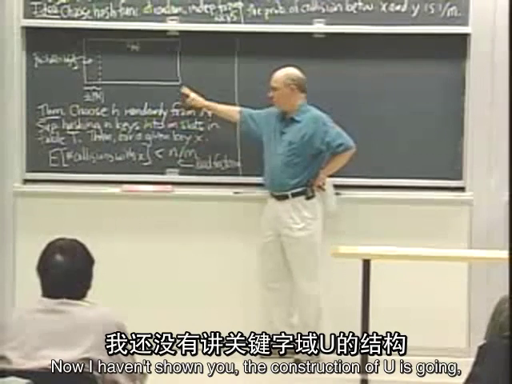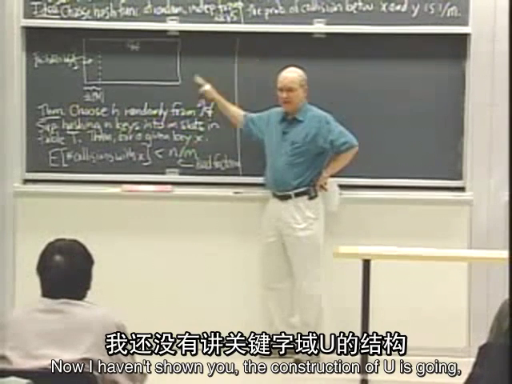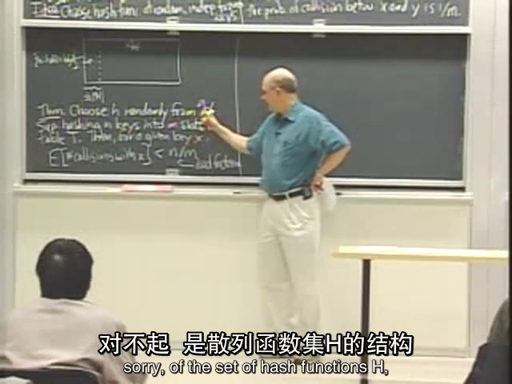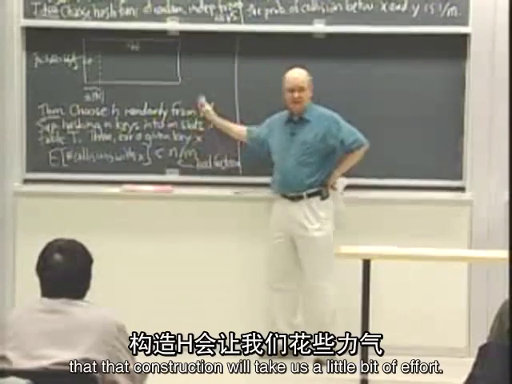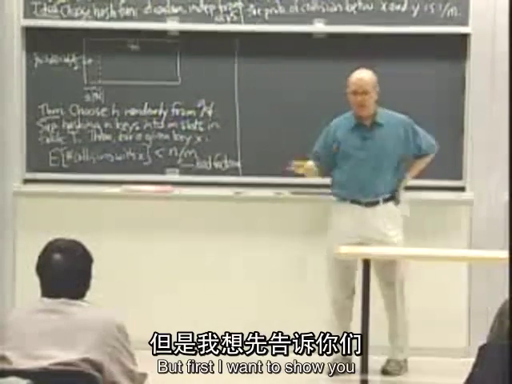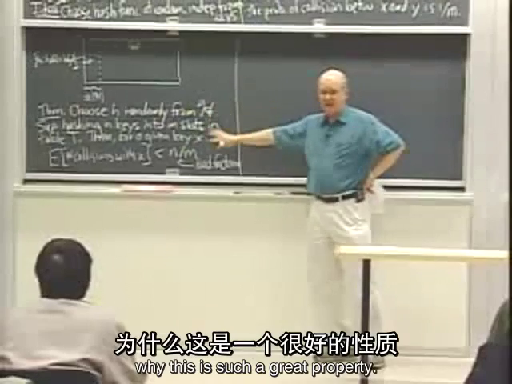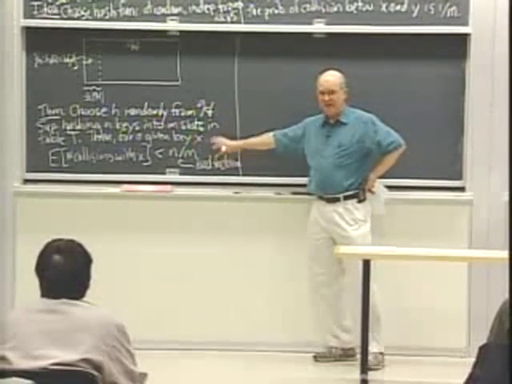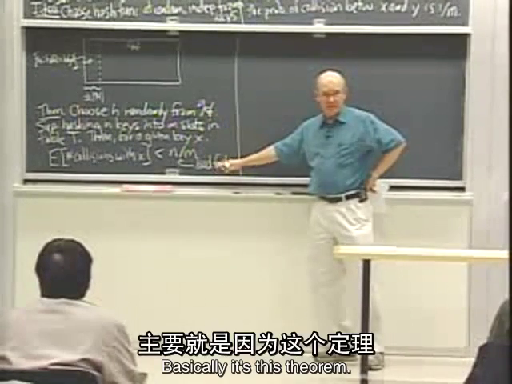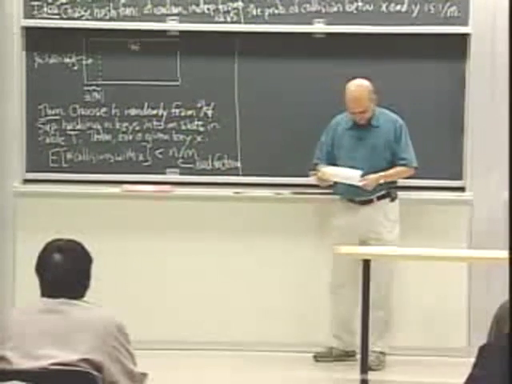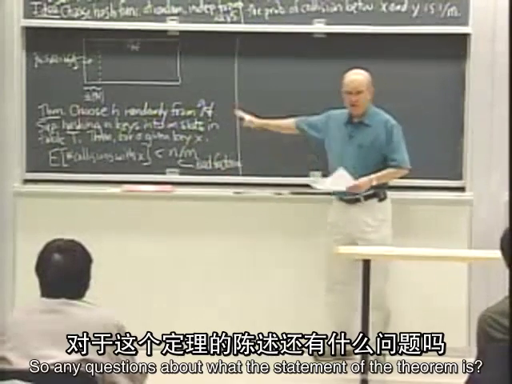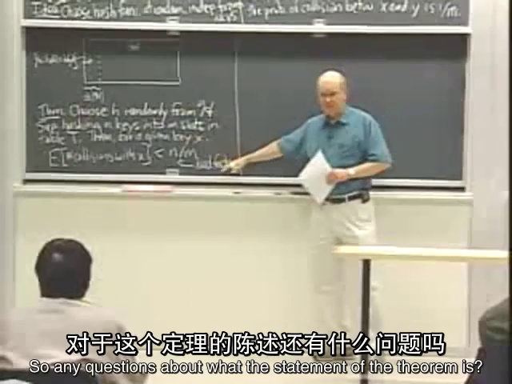Now, I haven't shown you the construction of the set of hash functions H. That construction will take us a little bit of effort. But first, I want to show you why this is such a great property, and that basically is this theorem. So let's prove this theorem. Any questions about what the statement of the theorem is?